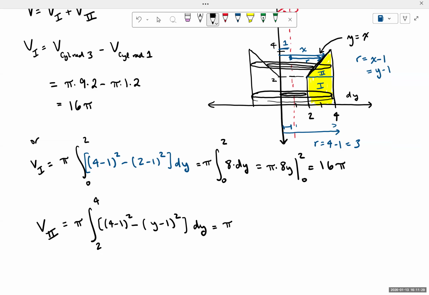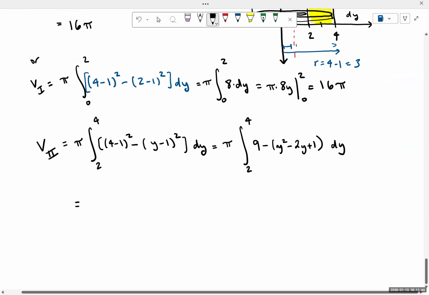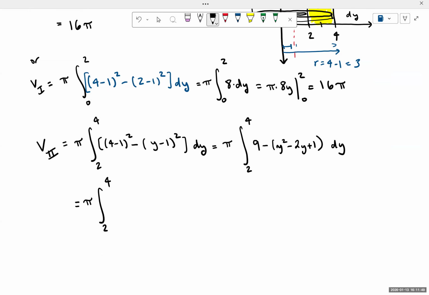Okay, and now again, this integral is not too bad. I got 9 minus y squared minus 2y plus 1. So I can go ahead and evaluate that. When you're not going around one of the coordinate axes, you always have to figure out how to get that radius involved in there.